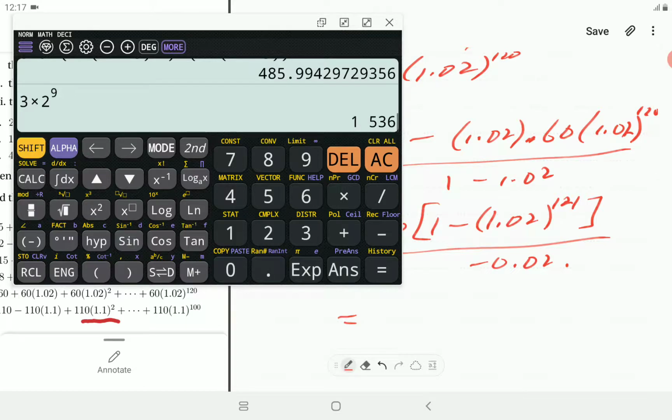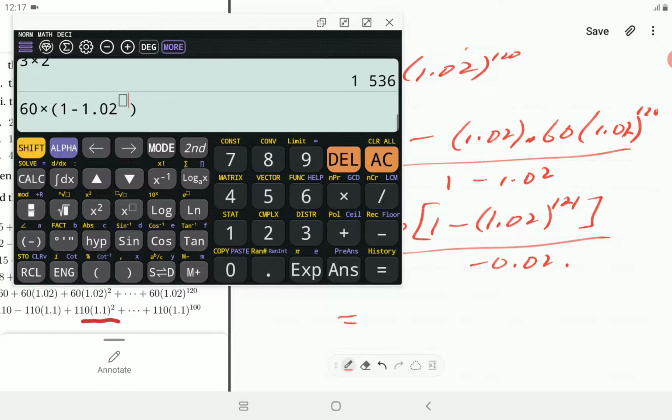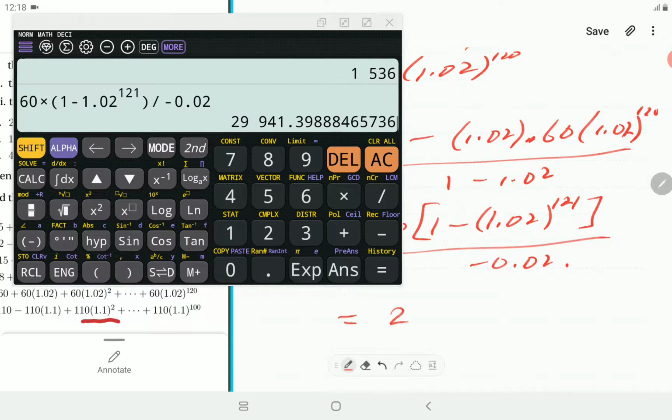Just to show you how to do this, it's going to be 60 times, open brackets, 1 minus 1.02 to the power of 121, and then this is all divided by negative 0.02. Okay, so this is going to give us 29,941.40, correct to two decimal places.